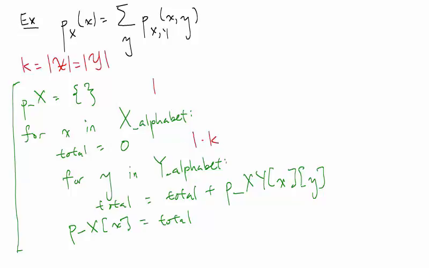Then in this line here where I'm doing this total equals total plus the joint probability table evaluated at x and y, this requires a table lookup, which for simplicity, let's say that's 1 basic operation.